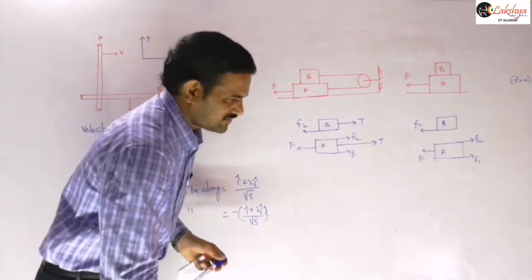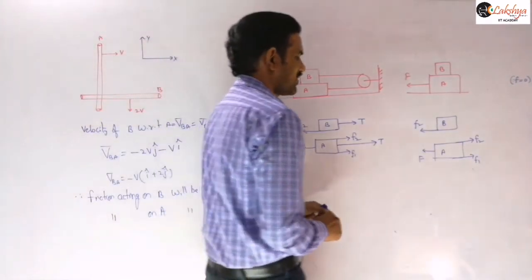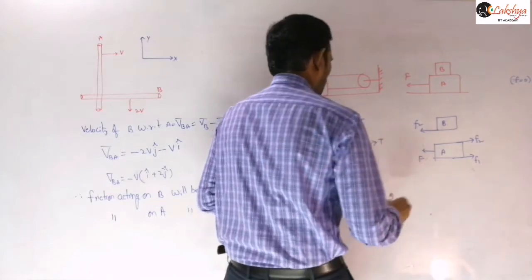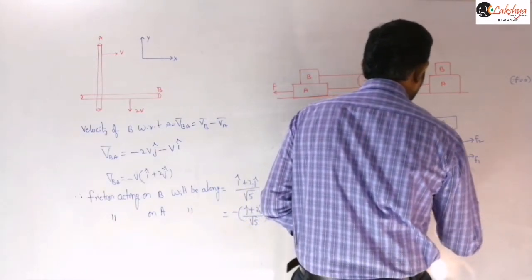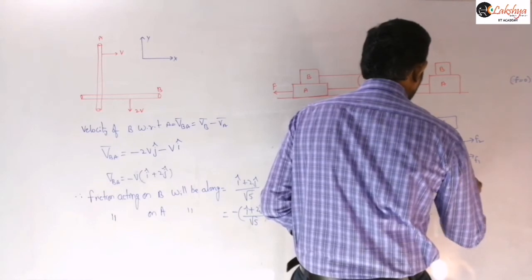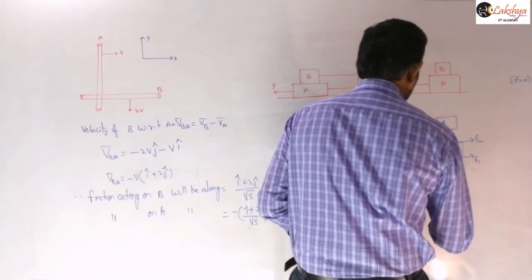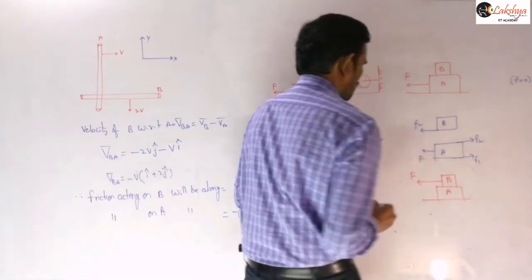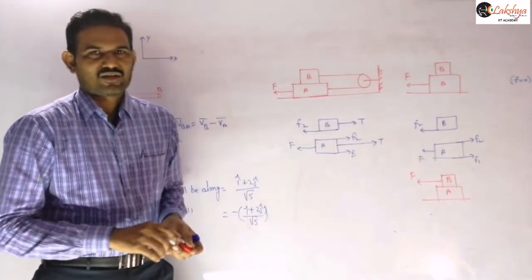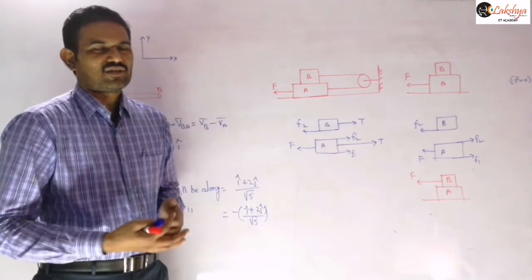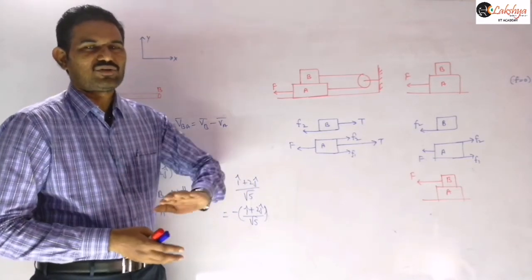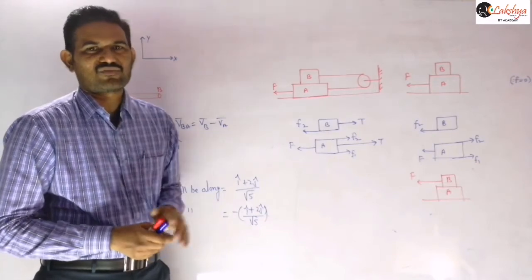Now in the same case, suppose the force is applied on the top block. The two blocks I am taking here, this is A and this is B. Now the force is applied on this top block. Can you say the direction of the friction? Again the same thing, we consider that all the surfaces are frictionless.